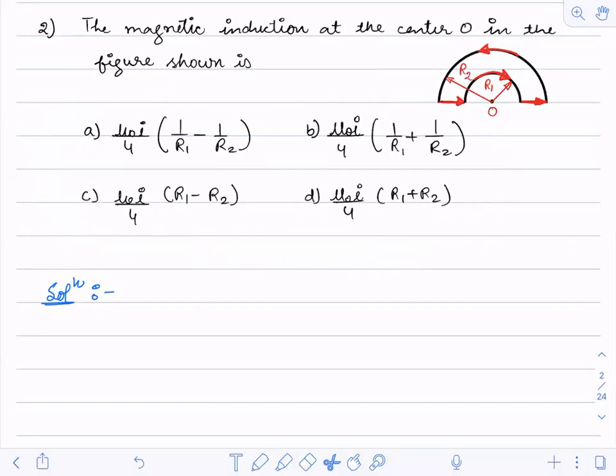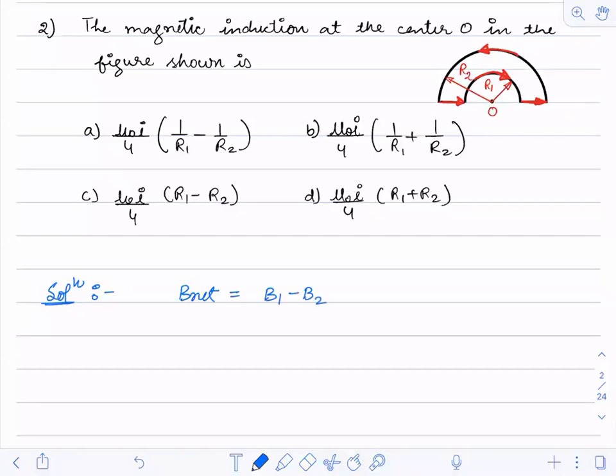They will be in two different directions. So B net will obviously be B1 minus B2. The net magnetic field at point O will be B net, which is B1 minus B2.